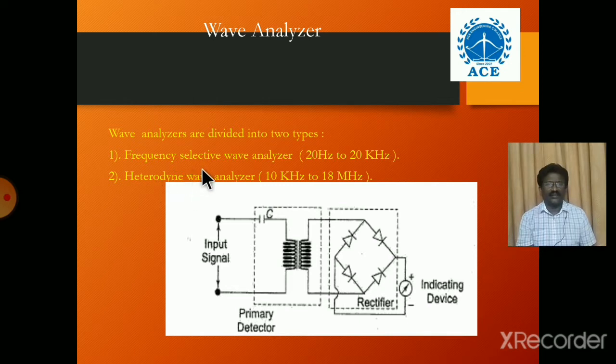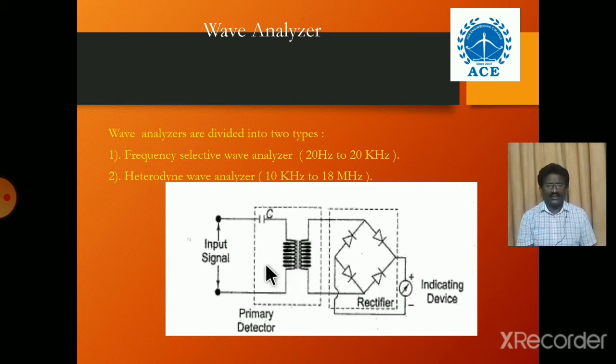Your frequency selective wave analyzer operates at frequencies of 20 Hz to 20 kHz, and the heterodyne wave analyzer at 10 kHz to 18 MHz. This is the basic circuit diagram of the wave analyzer.